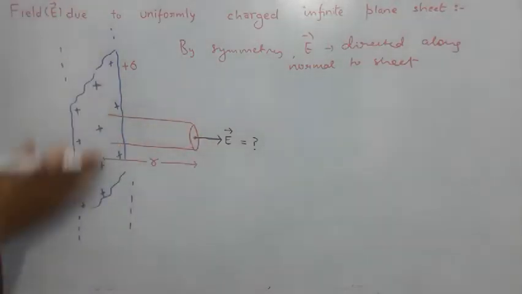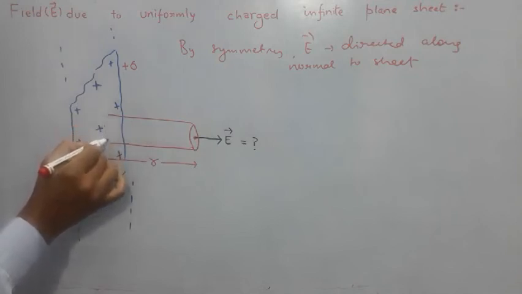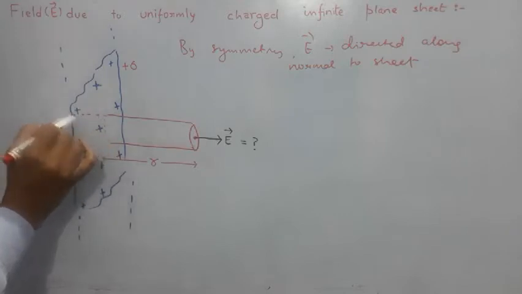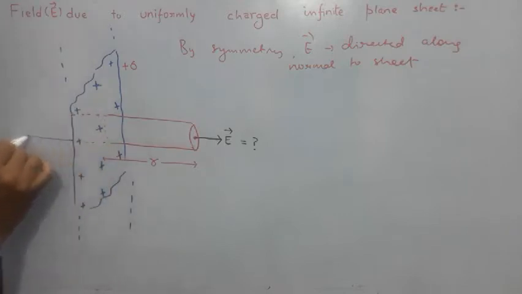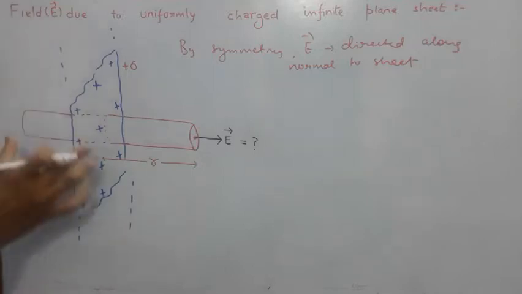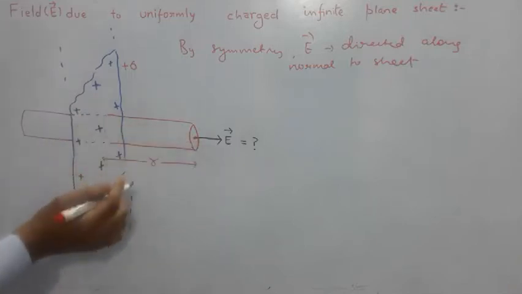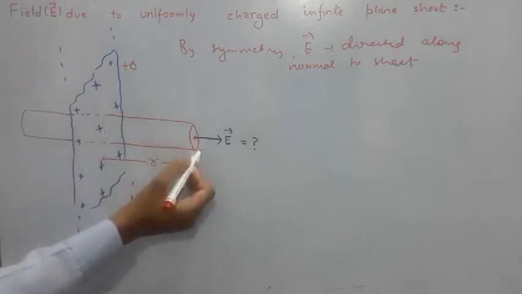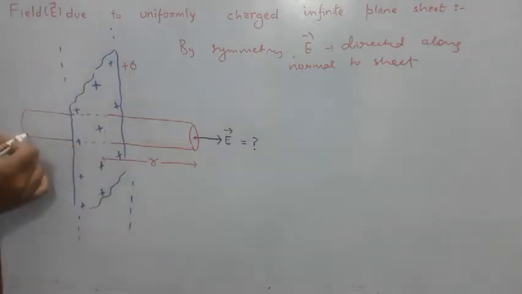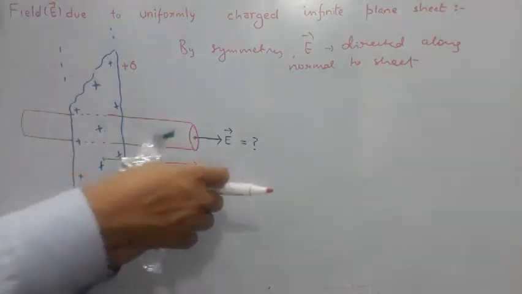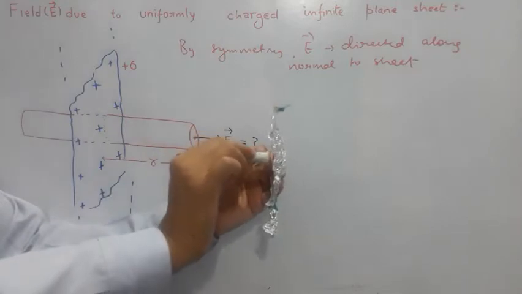It will meet the plane at a circular cross section and then we will produce it on the other side of the plane like this, such that this distance and this distance will be same. This cylinder extends r distance on this side of the sheet and r distance on the back side of the sheet. So if this is the sheet, our cylinder extends halfway this side and halfway this side.